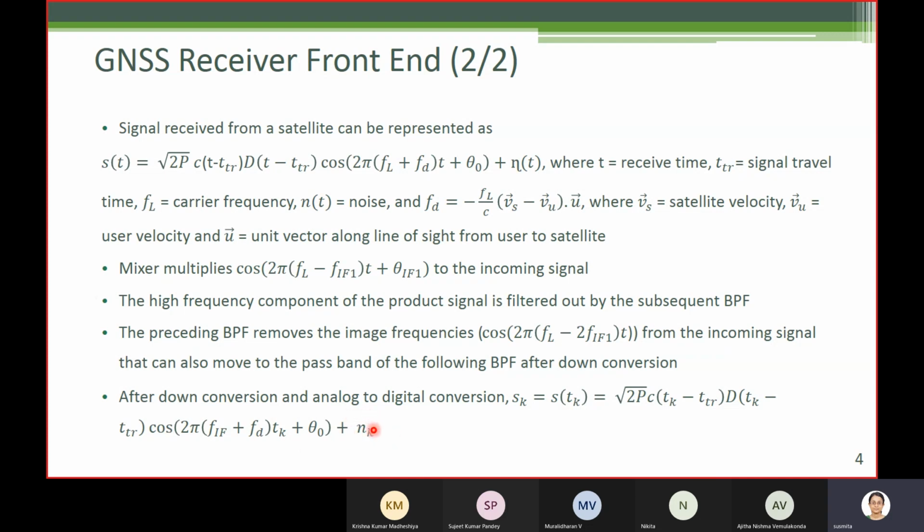Now this N and this italicized N are not exactly the same. That's why I have used subtly different notations. So this is the final noise sample at the digital part. So this is the output that we get from the front end. Subsequent processing takes place with digital samples.